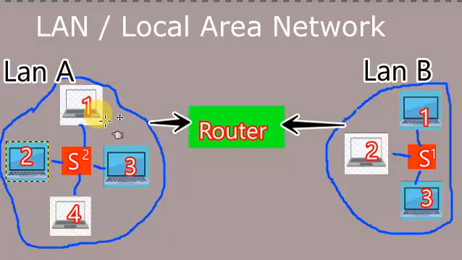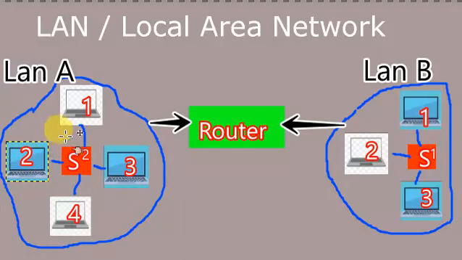Any other thing that the computers in this network need to make use of. They are also devices that will be connected together in this network so that they can share resources.